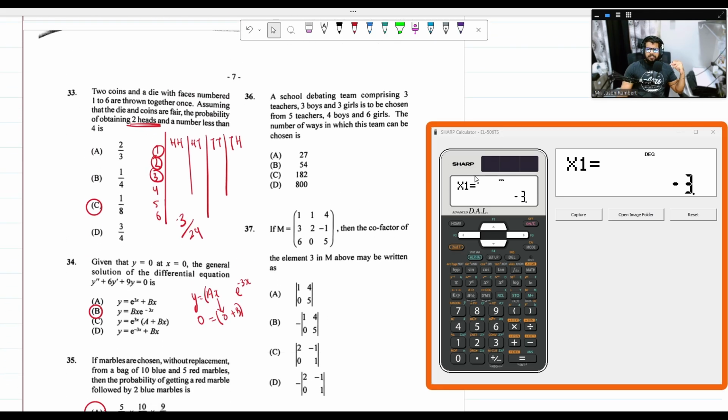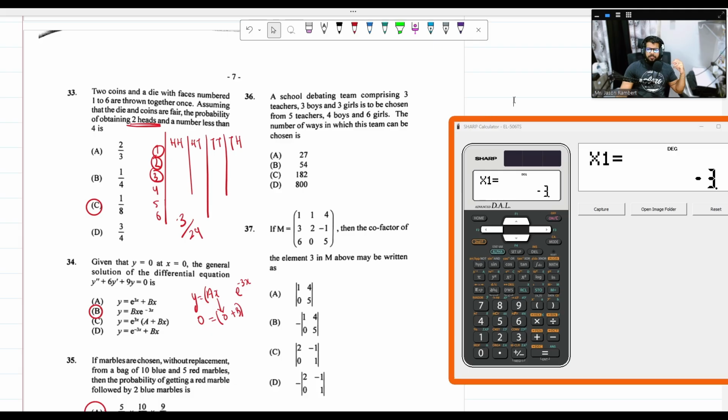A school debating team comprising 3 teachers, 3 boys, and 3 girls is to be chosen from 5 teachers, 4 boys, and 6 girls. The number of ways the team can be chosen is, so teachers is 3 teachers from 5 teachers, 5 choose 3. 3 boys from 4 boys, 4 choose 3. 3 girls from 6, 6 choose 3.